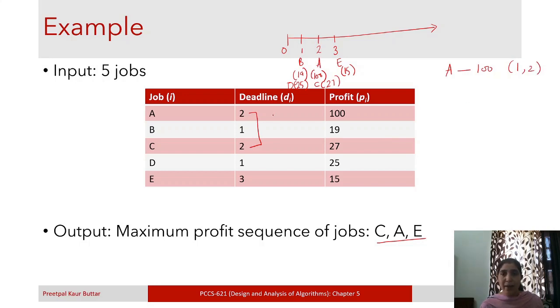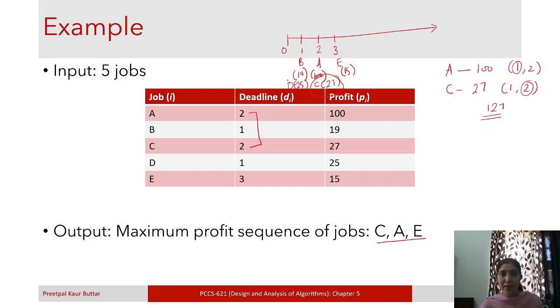Then the next highest profit giving job is C, giving us the profit 27. Its deadline is also 2, so the slots for this can be 1 or 2. Suppose we schedule A at slot 1 and C at slot 2. So the total profit which we are earning is 127.